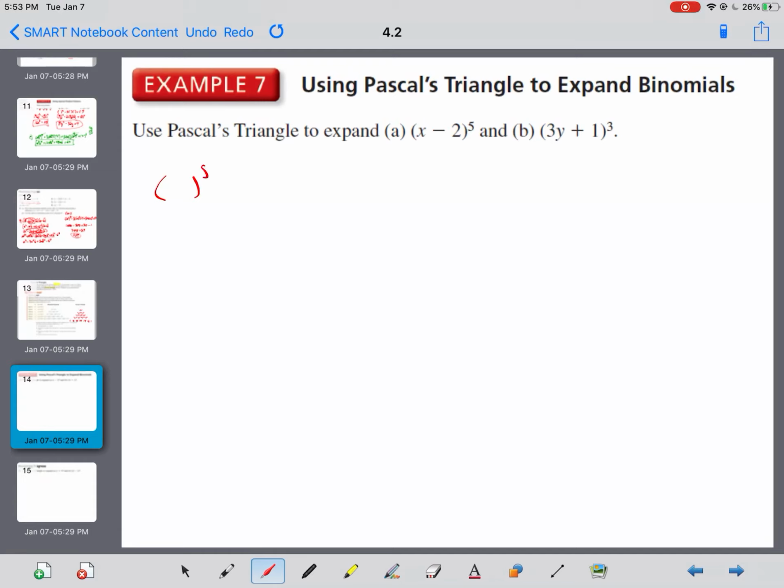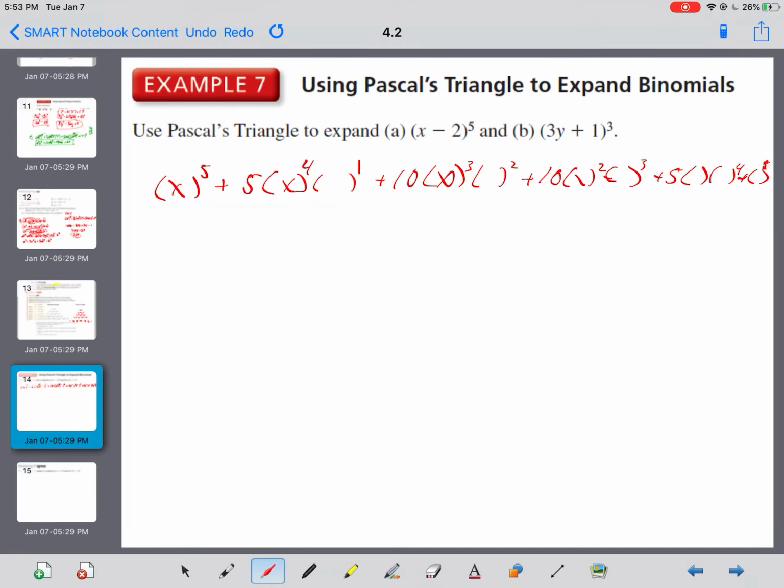So it's 1 times something to the 5th plus 5 times something to the 4th times something to the 1st plus 10 times something to the 3rd times something squared plus 10 times something squared times something to the 3rd plus 5 times something to the 4th plus something to the 5th.